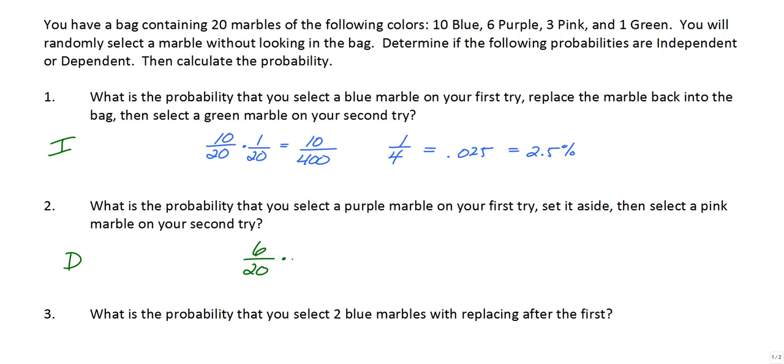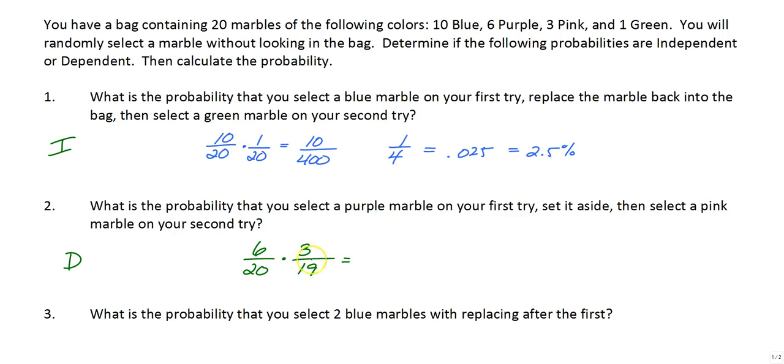But once you put it aside, you no longer have 20 marbles in the bag. You now only have 19. So you have 3 pink marbles still in the bag, but you're only selecting out of 19 marbles. Okay, so that changes the probability. So those are now dependent.